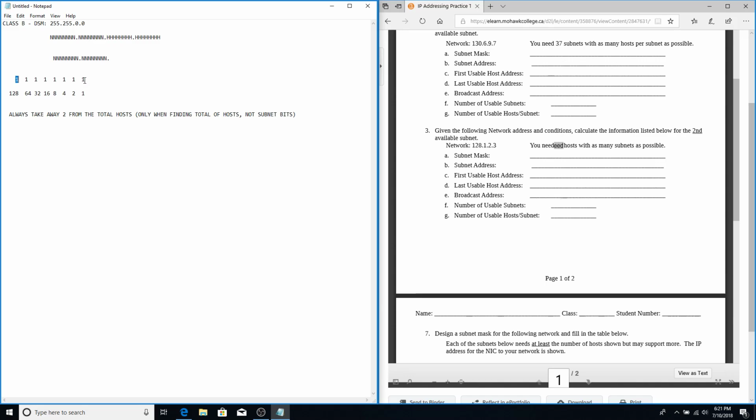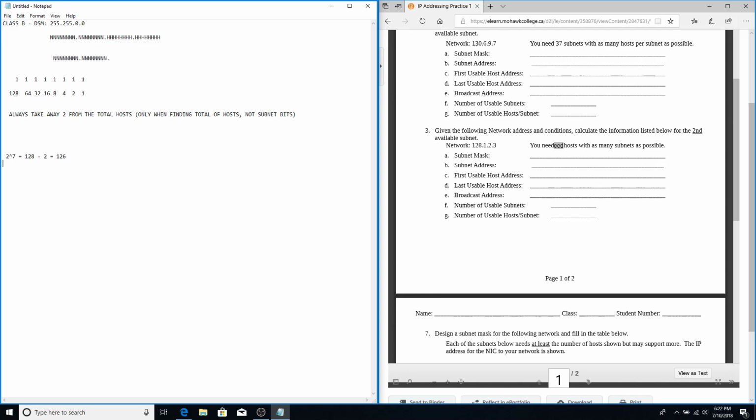Remember that 2 to the power of 1 is not 1. 2 to the power of 0 is 1. 2 to the power of 1 is 2. So the 128 is actually 2 to the power of 7. So 2 to the power of 7 equals 128. All right? And of course, we'll take away the 2 just for good measure. So the 7 is actually how many bits we're going to use for our host bits. So that is really, really important.